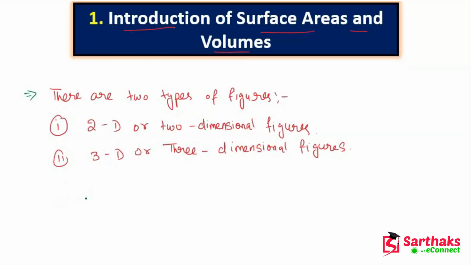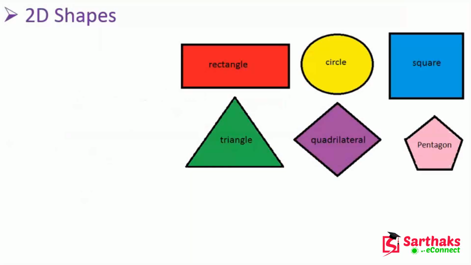I hope you get this point. Now let's see them one by one. First of all we are going to see 2D shapes, or 2D figures. In geometry we know that there are 2D shapes and 3D shapes also, and there are different types of objects and figures.